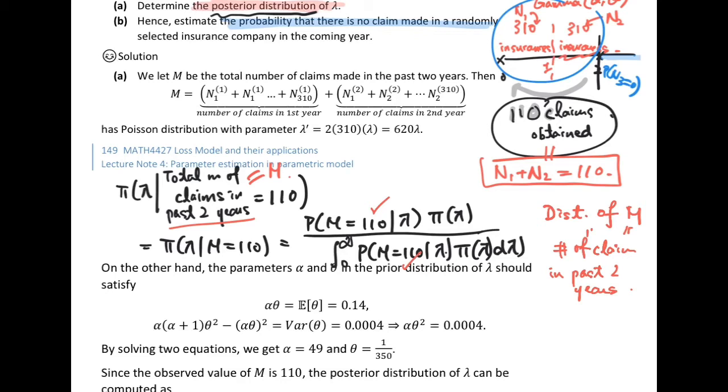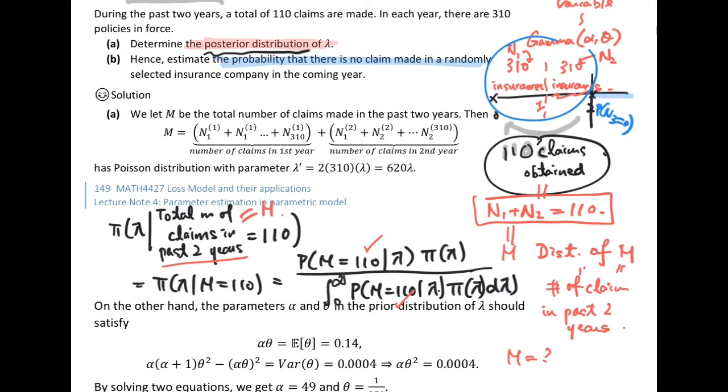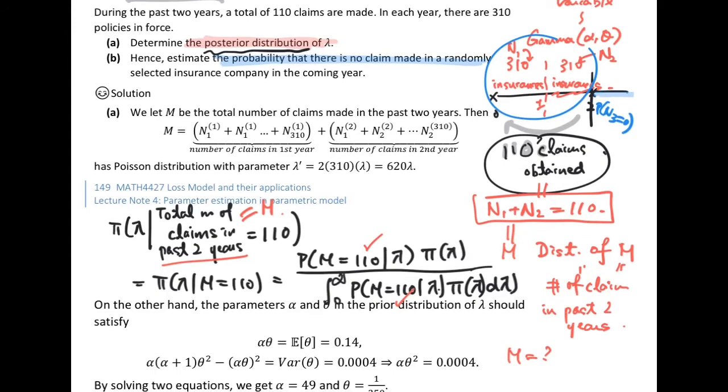The first thing is to get the formula of m, which is the common way we can use to figure out the distribution of any random variable. Remember, m is the number of claims in the past 2 years, so m can be equal to N1 plus N2. Remember, N1 is the number of claims in the first year, and N2 is the number of claims in the second year.